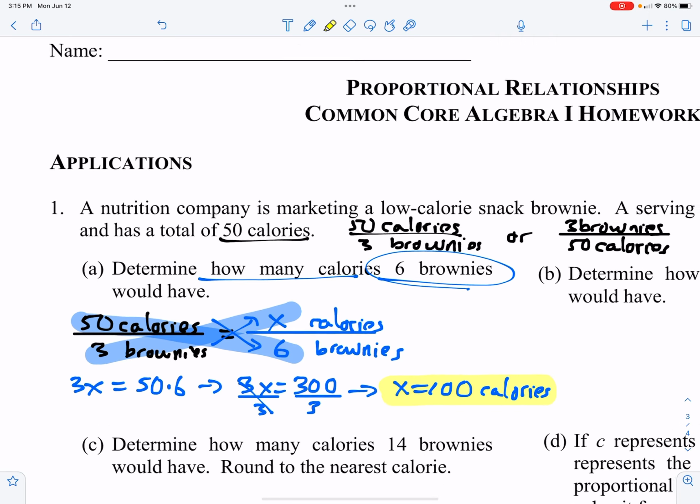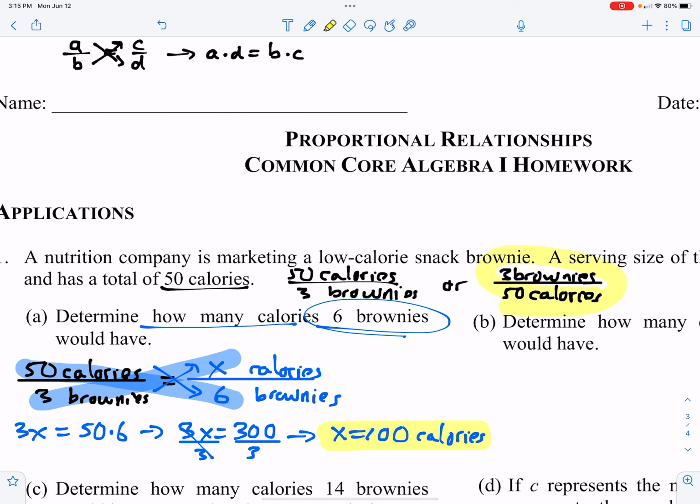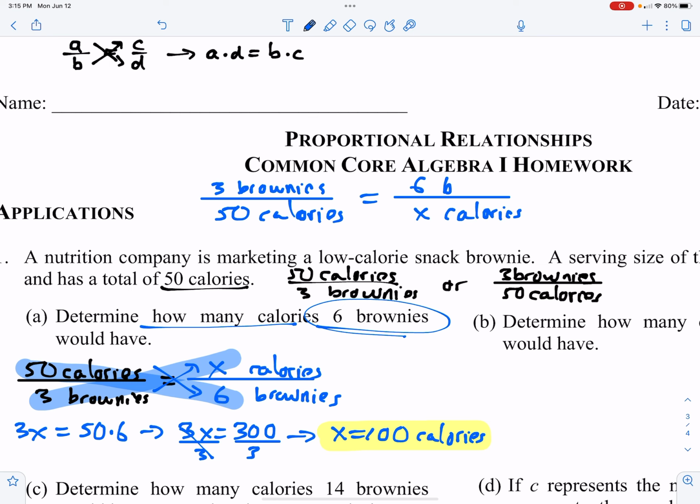Keep in mind, I could have chosen to work with this version of the ratio, in which case I would go 3 brownies over 50 calories. For every 3 brownies, there are 50 calories, and that's going to be equal to 6 brownies over X amount of calories. Again, cross multiply.